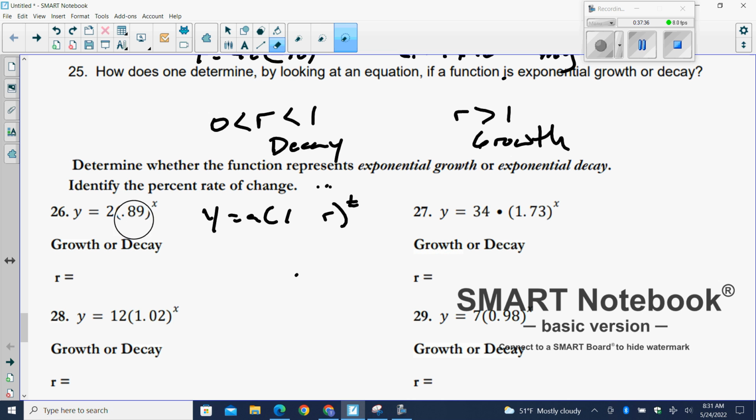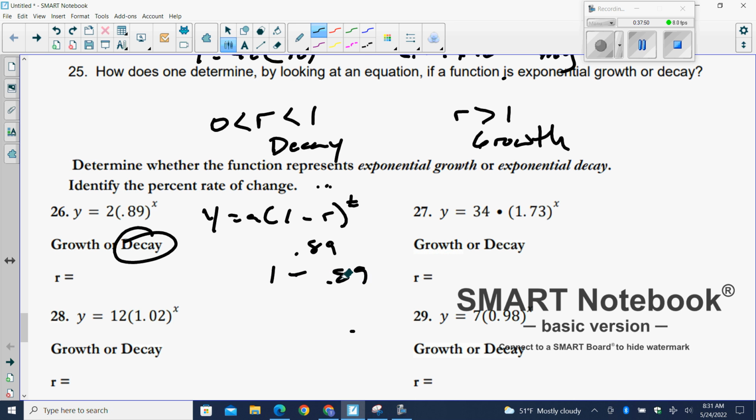We had a 1 minus r, and we ended up with 0.89. So we have decay, it's less than 1. What was the r that we subtracted? The easiest way to find it is just take 1 minus whatever's written there. And I get 0.11. So my r is 0.11, or 11%. You can write it either way. I'll take 0.11 or I'll take 11%.